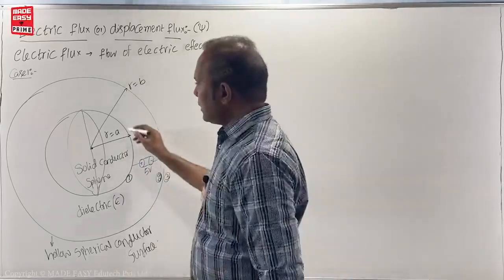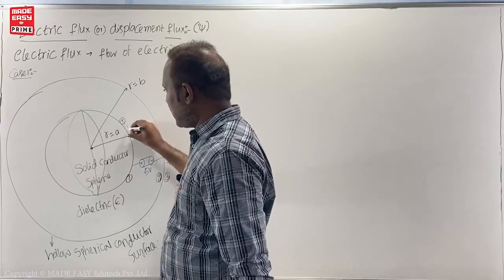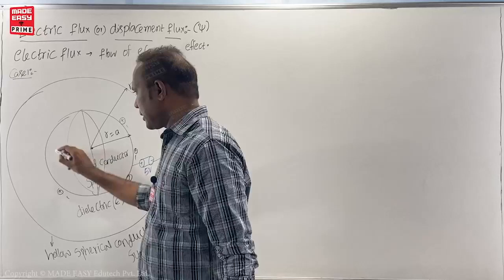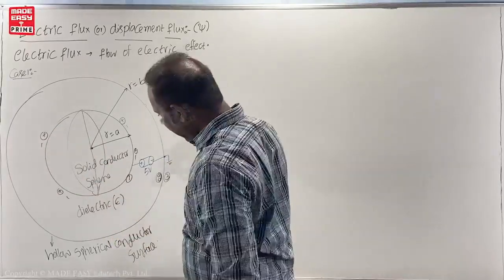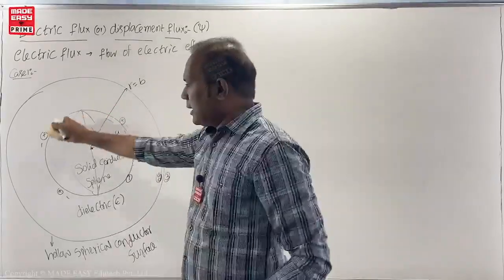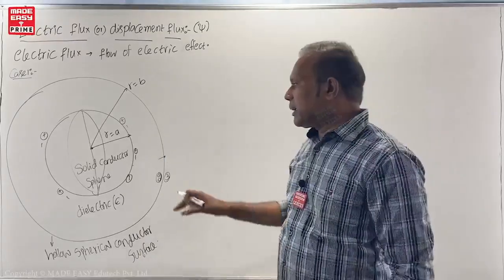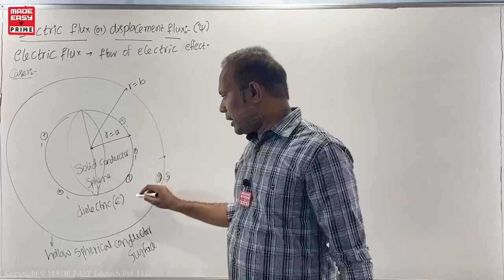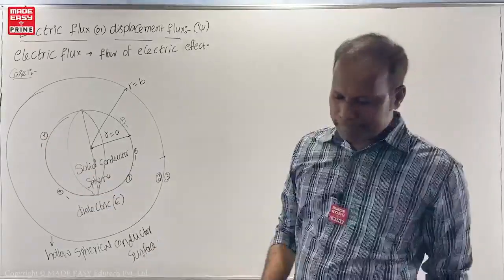Now this conductor surface has positive ions and electrons, positive ions and electrons like this. So before connecting the battery, this conductor is neutral, because any material is neutral, but this conductor has positive ions and negative free electrons, so that it is neutral.